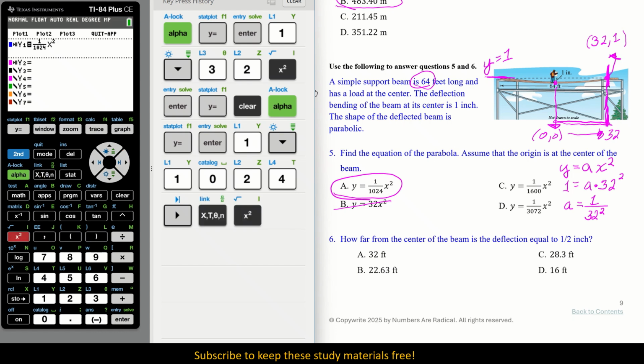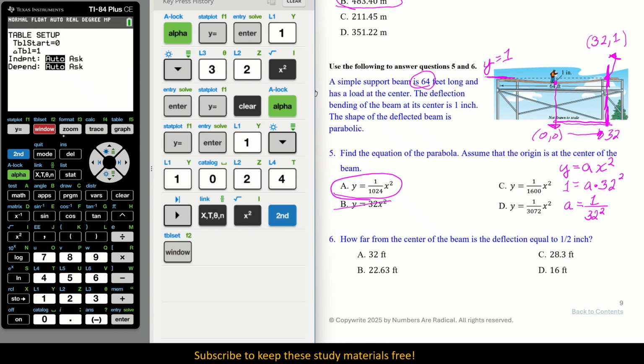Now we need to go and change the window. Let me show you what I mean. Alpha window. Everything's okay with 0 and 1. But see where it says auto is flashing? We need to ask, press enter. We're going to ask about our independent, and independent is our x value.